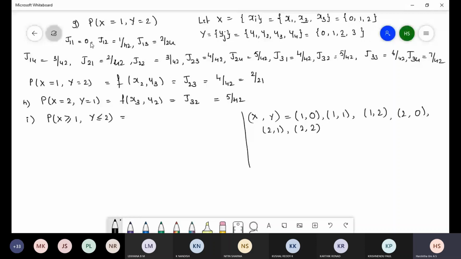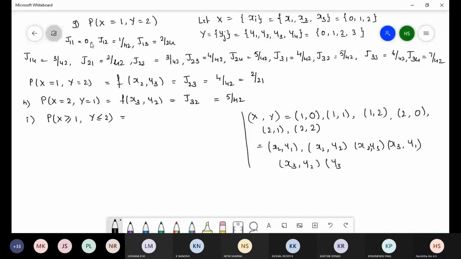Now, in terms of x and y indices: 1 stands for x2, 0 stands for y1. Next, x2, comma y2. Again, x2, comma y3. Next, x3, comma y1; x3, comma y2; x3, comma y3.